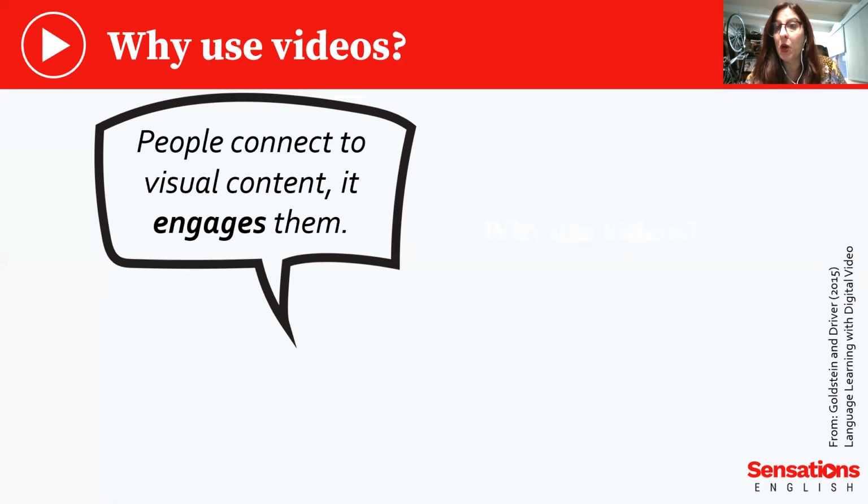And in this book, I found some quotes from teachers. This is one of them. This teacher says that people connect to visual content because it engages them.